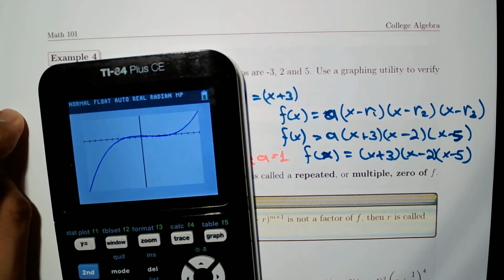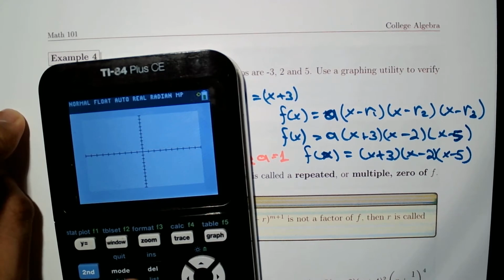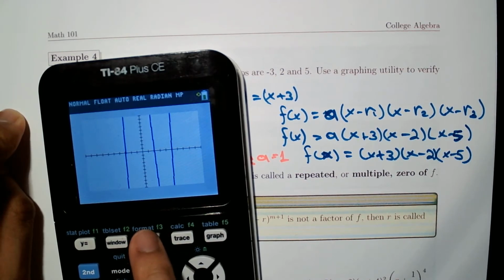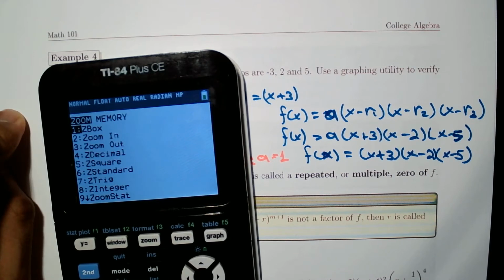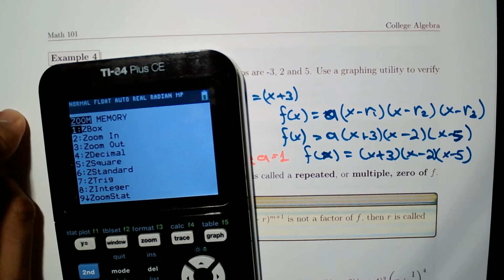No, I don't like how this looks. Zoom, standard, and I'm just going to simply zoom out a few times. I'm going to zoom out again.